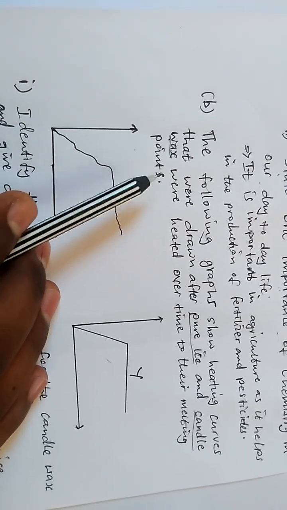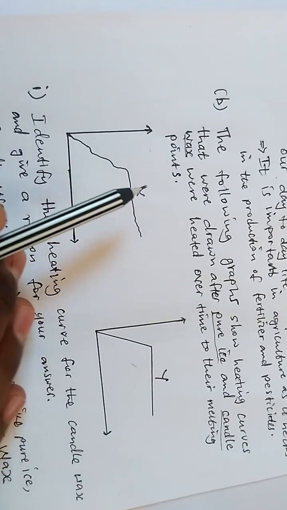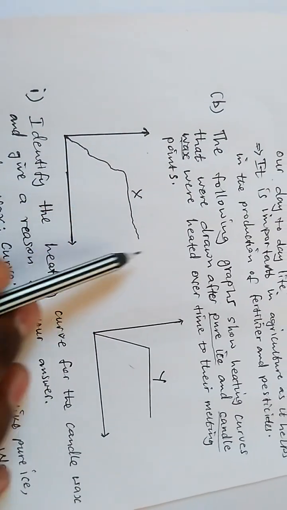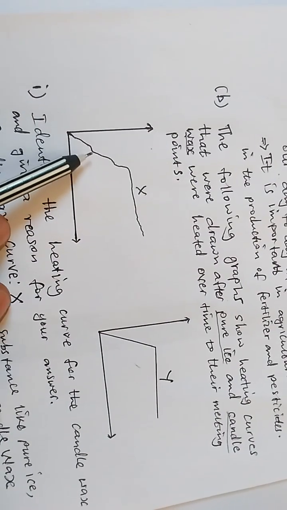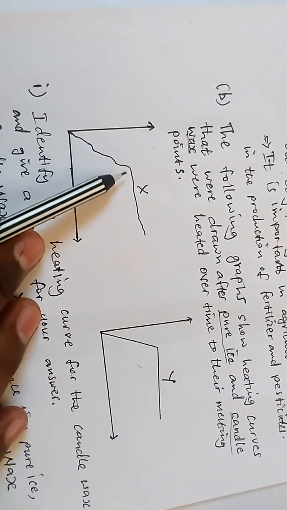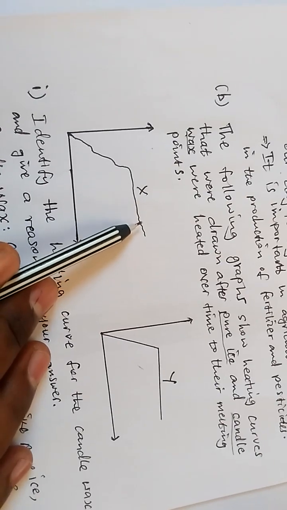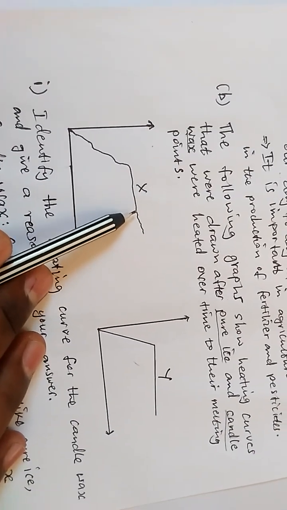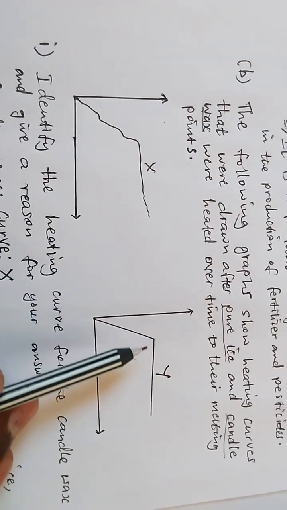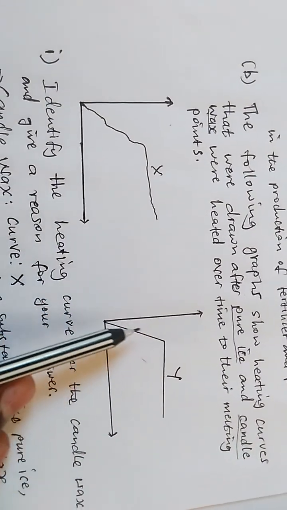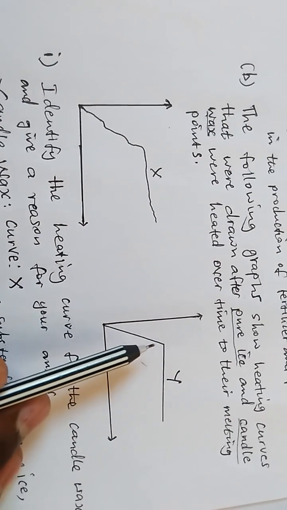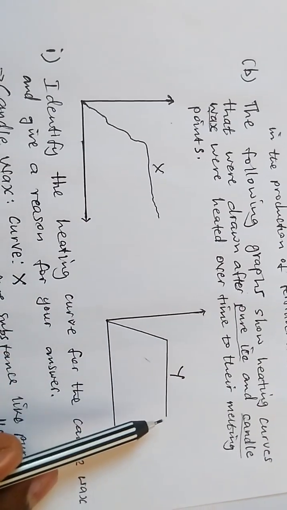As we are able to see here, this is the graph for X, and its curve is not smooth. Then we also have the graph for Y, which has a very smooth curve.